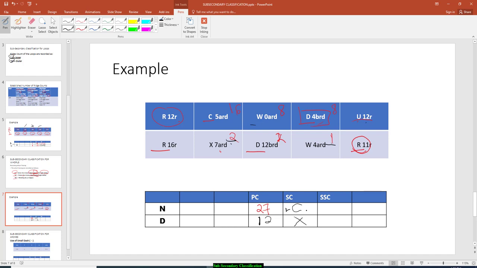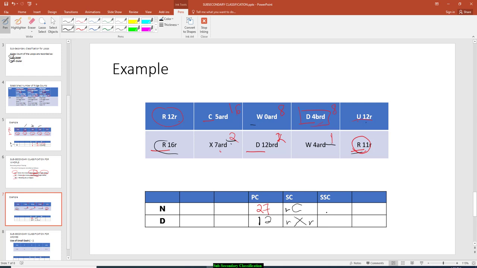So letter R. How about here? We have here. How about here? We have, okay. So that's the secondary classification.